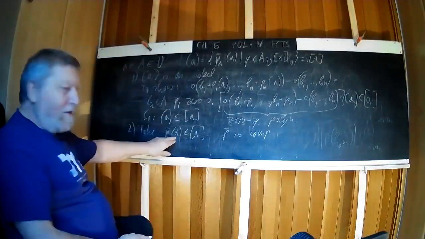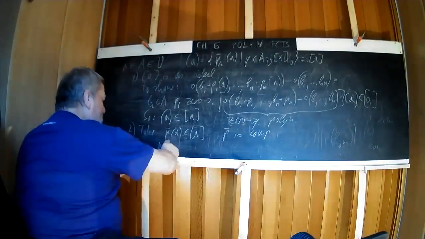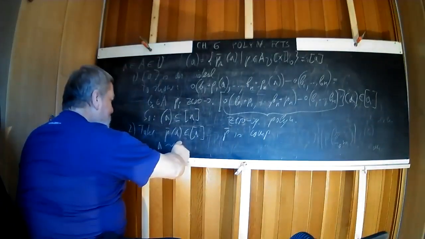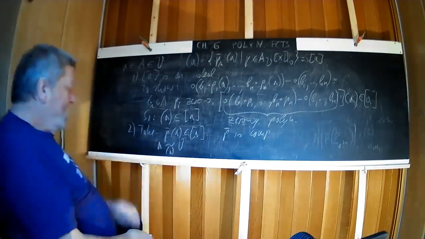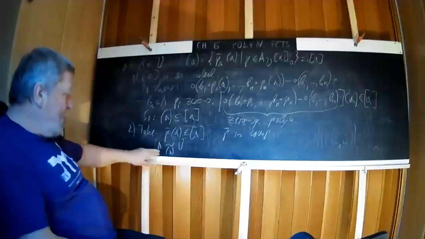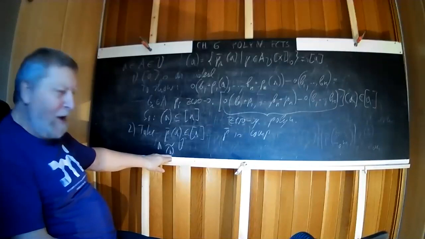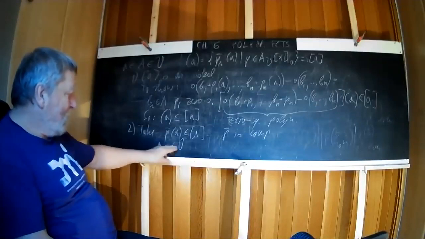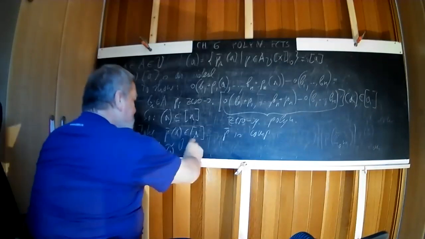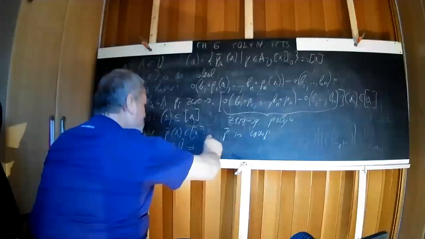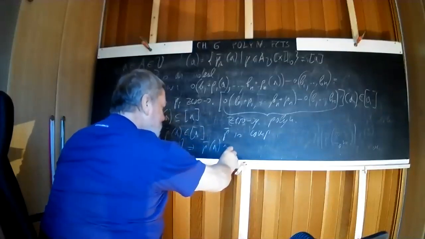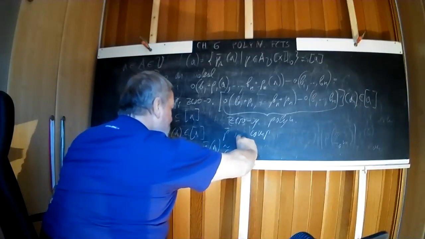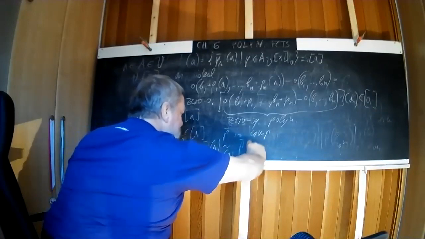Now A is certainly equivalent to 0 concerning the principal ideal A, because A is in the principal ideal generated by A, so it's congruent to 0, which means that p bar of A is equivalent, with respect to the ideal A, to p bar of 0.